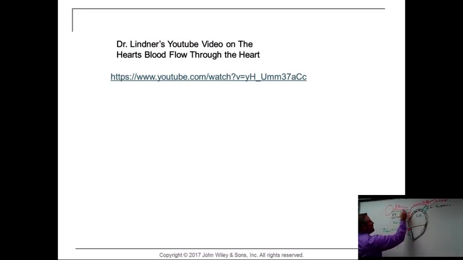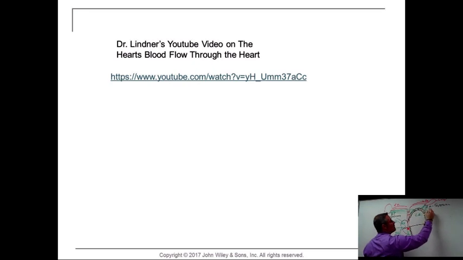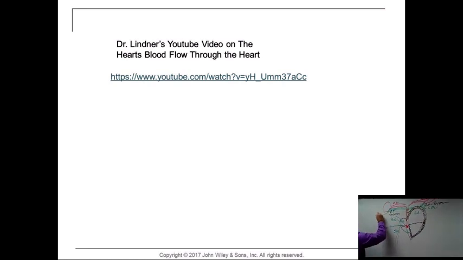So let's make these vessels. I'm making 2 from here and 2 from here. These are now called the left pulmonary veins and the right pulmonary veins.